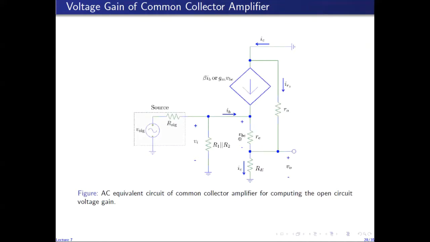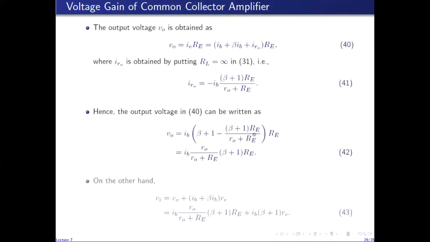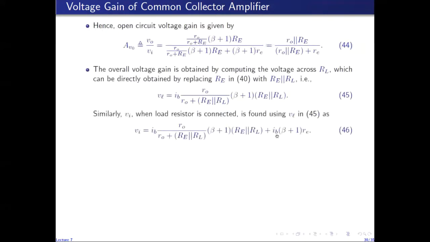This voltage is as before given by IB plus beta IB times small RE. This is the voltage across small RE. And the voltage across the load, which is now RE in parallel with RL, is given by this equation. So VI is VL plus VBE. So again, we see that IB is common between this term and this term.